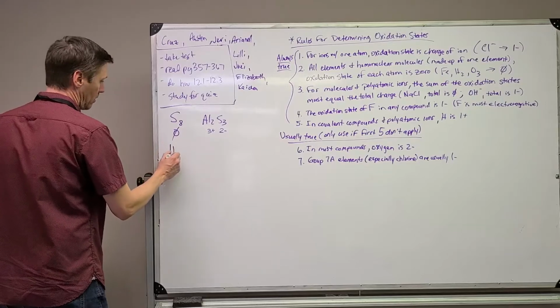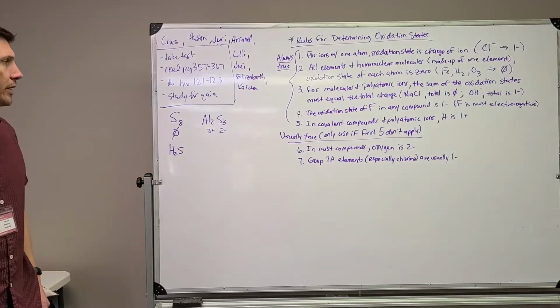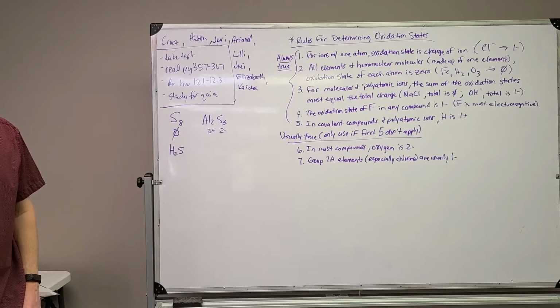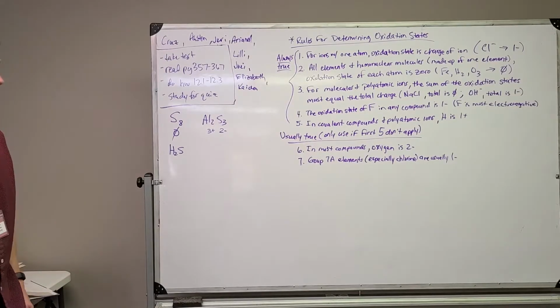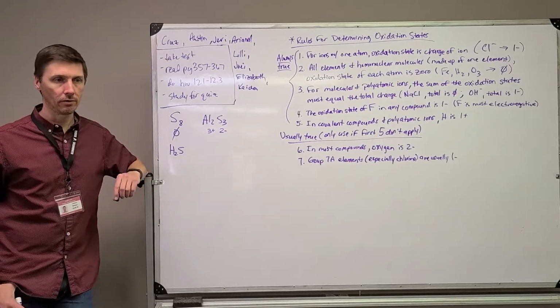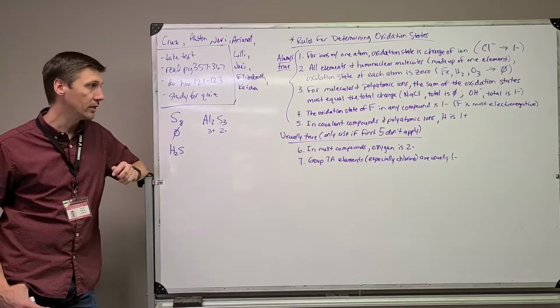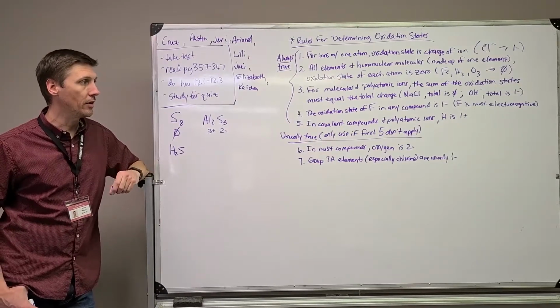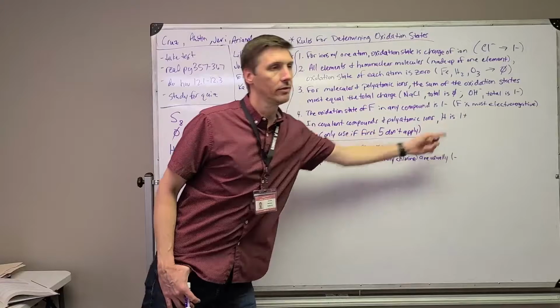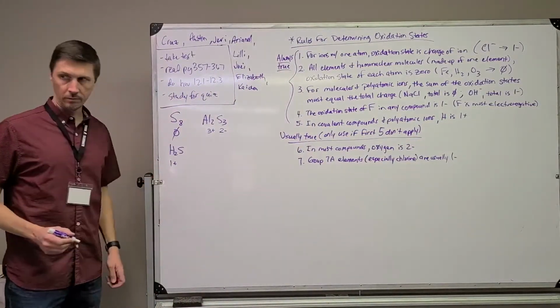All right, H2S. Covalent or ionic? Does it contain a metal? So it's got to be covalent, and it's a covalent compound that has H in it. So rule number 5 tells us that H has to be 1 plus.